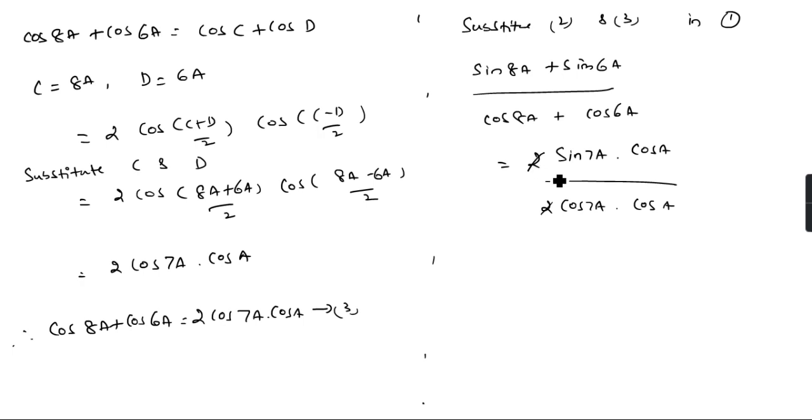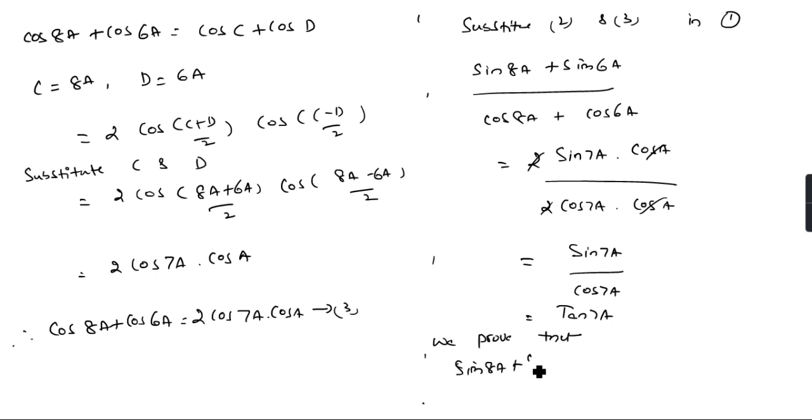So 2 will be cancelled and cos a will be cancelled, and we get sin 7a / cos 7a. Sin by cos is nothing but tan 7a. So finally we prove that (sin 8a + sin 6a) / (cos 8a + cos 6a) is equal to tan 7a.